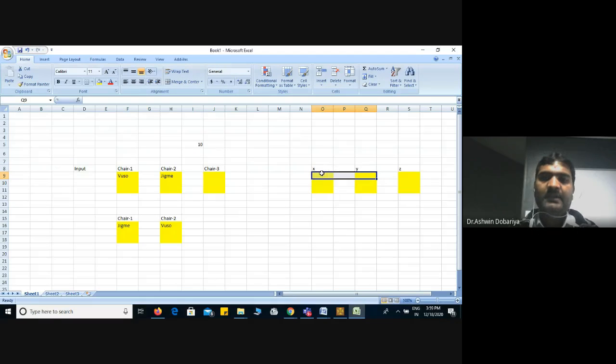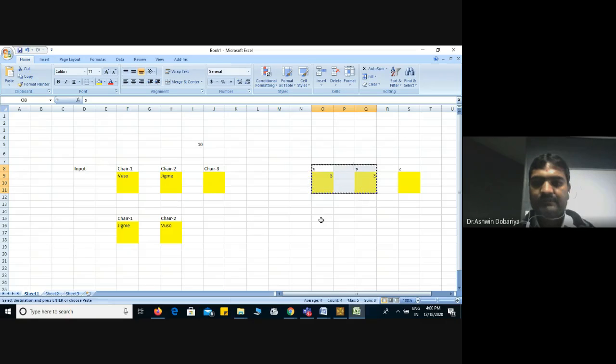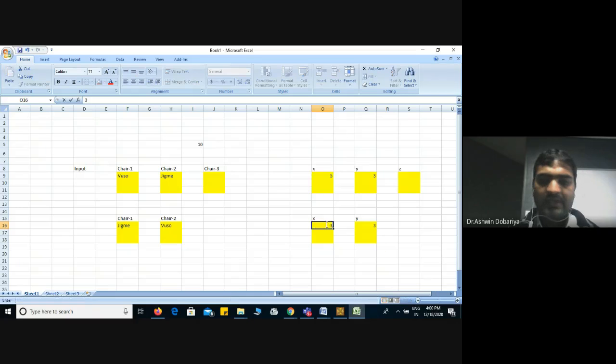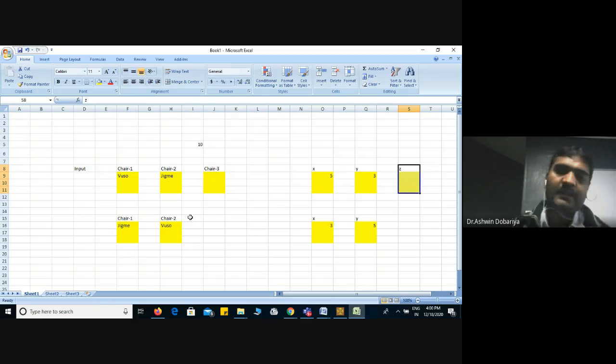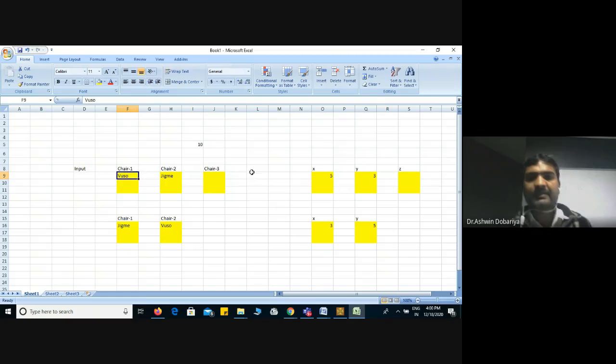The x value, suppose I consider 5, is the initial value. This is our input. And what output do we want? We want the output like this: x should be 3 and y should be 5. But using z. Here, see, practically, step number 1.